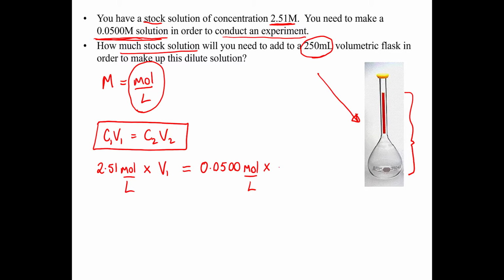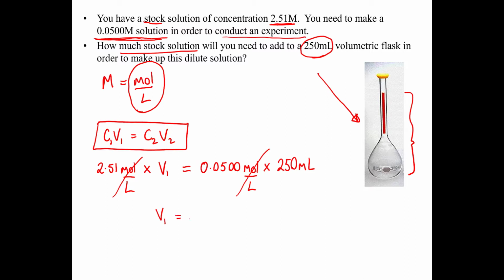So in fact, let's keep it as 250 milliliters. We can convert that to liters. We will show, however, that this equation can be used without converting the units, because on both sides we can cancel the moles per liter, and what we're left with is a really simple equation.